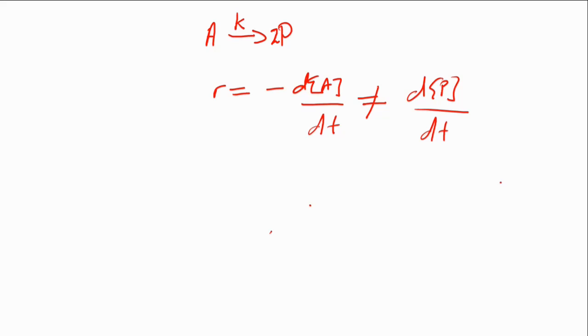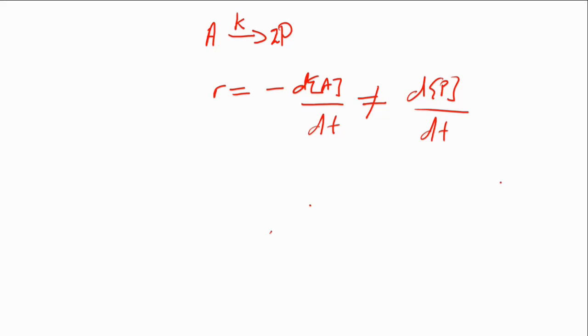In that 1 second, the concentration of A will decrease, whereas the concentration of P will increase. But guess what? If both of these are in the same volume, what you find is that the concentration of A will decrease by a certain amount, whereas the concentration of P will basically go up by 2 times that amount. Okay?